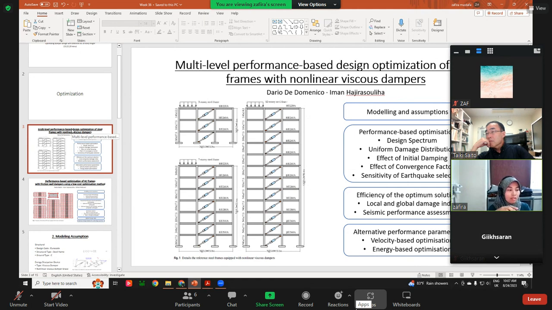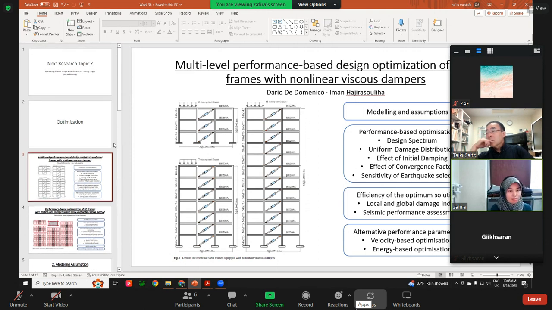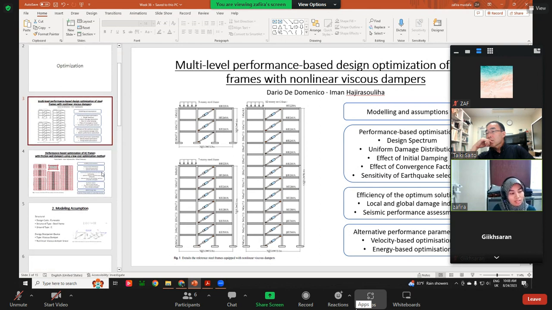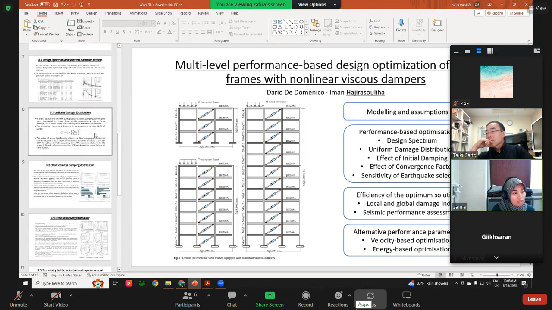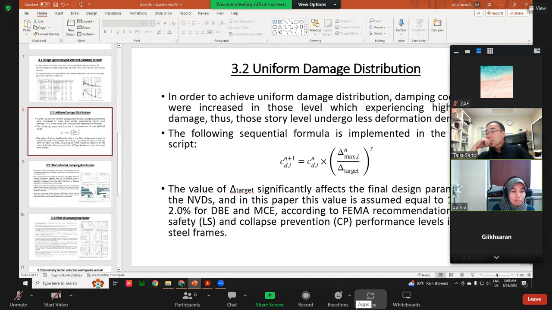If we can dissipate more energy in the middle, we can reduce the displacement and the story drift. But the problem last time was we didn't get any formula to prove that this procedure can be useful. So I think if we can study these two papers well enough, I was thinking this formula can be applied in our model.